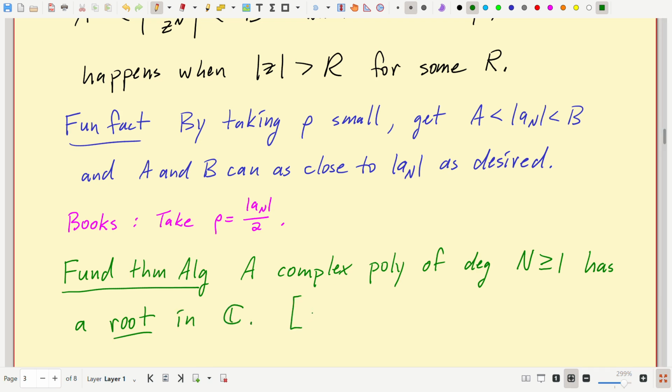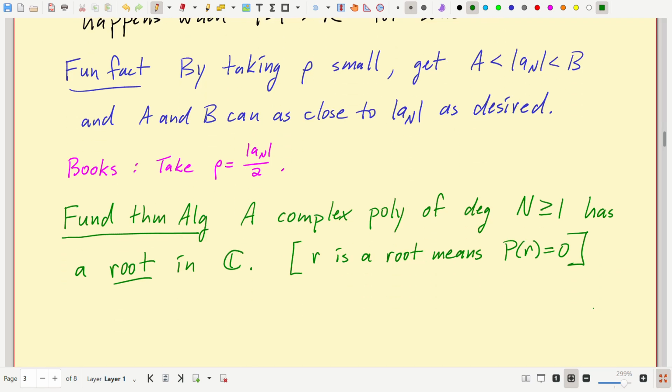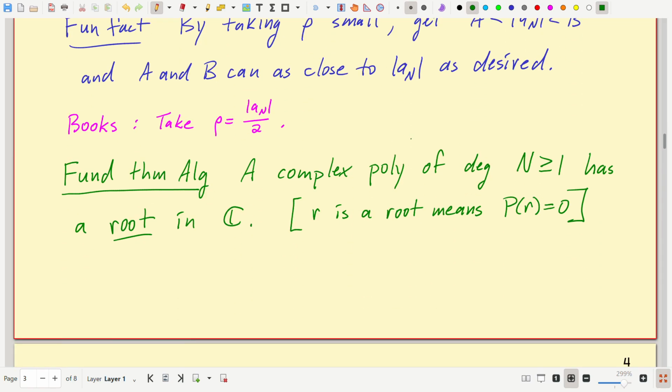Of course, R is a root means the polynomial at R is 0. I'll call that complex polynomial P, of course.